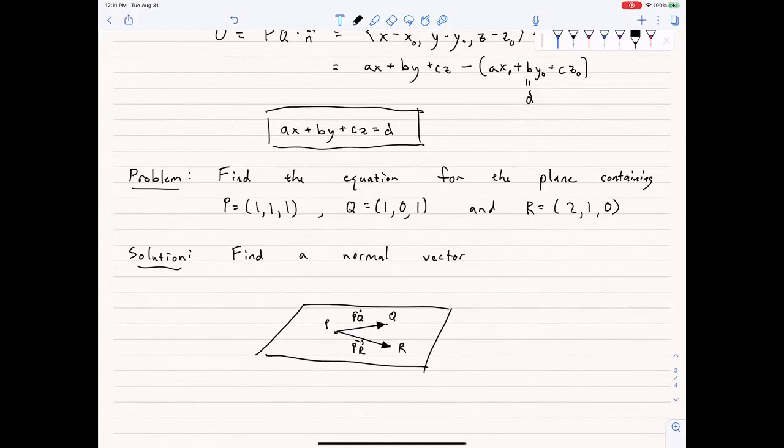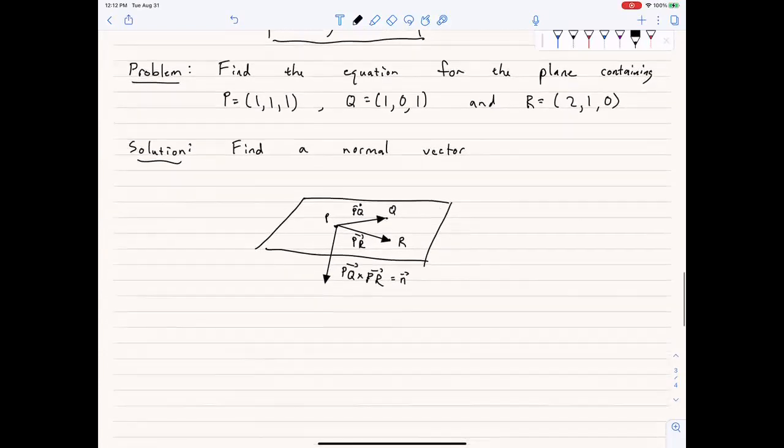So I go PQ cross PR. This will give me a normal vector to the plane, assuming these points aren't all collinear, namely they don't all lie on the same line.